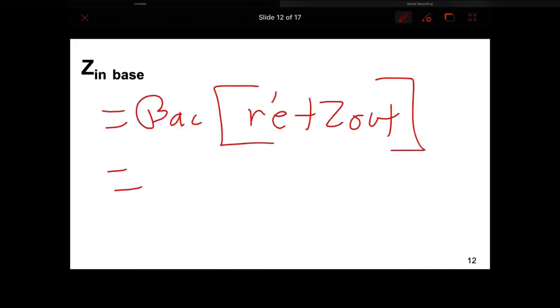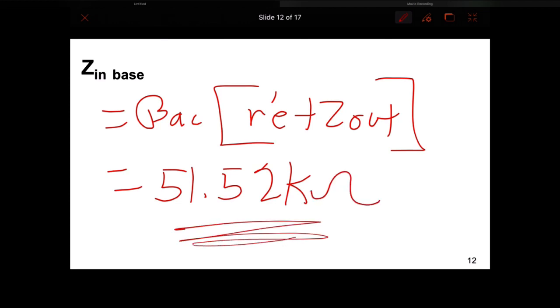The output impedance was the 320 ohms plus the R prime E 1.38 times the beta. So that's going to be equal to 51.52 k ohms. That's slightly more accurate. That's the value that we're going to carry forward.